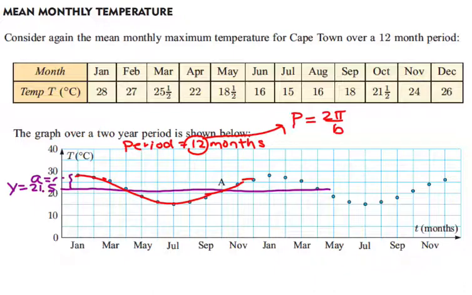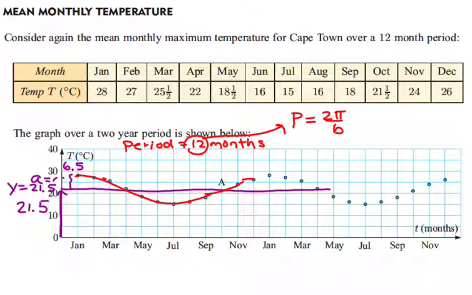Our amplitude here was 6.5. So we found 3 things so far. We found the A, the amplitude. We found the B, which is from the period. We found the D, which is the movement up on the horizontal axis. So it moved up 21.5 units from the original 0 axis.